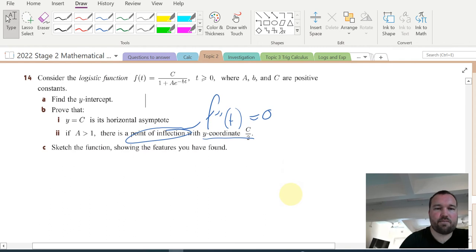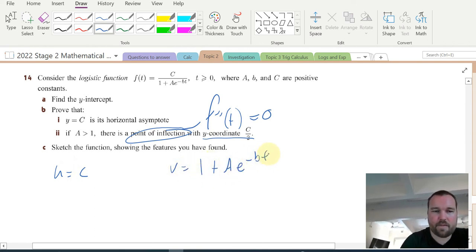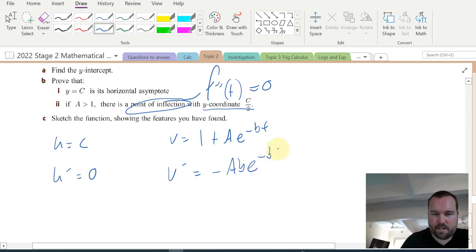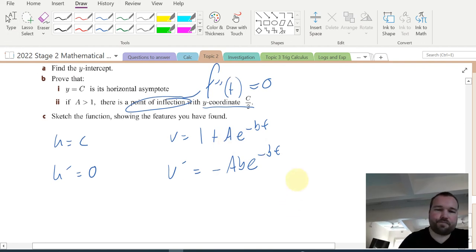If we're going to do this as quotient rule, then our u is going to be c, our v is going to be 1 plus ae to the minus bt. u dash is 0, and v dash is minus abe to the minus bt. So the 1 differentiates to nothing, the minus b comes out the front, and you get that.